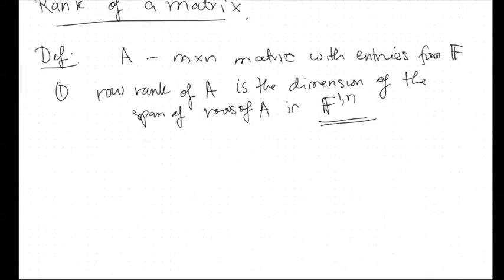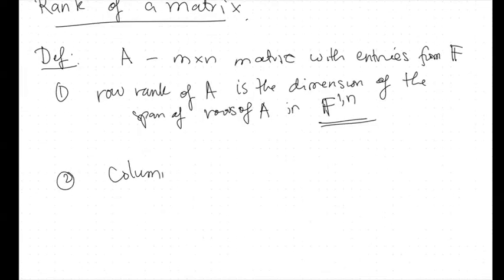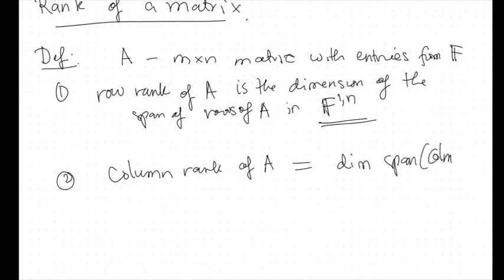And then we get the column rank of A. This is the dimension of the span of the columns of A in F^(m,1).